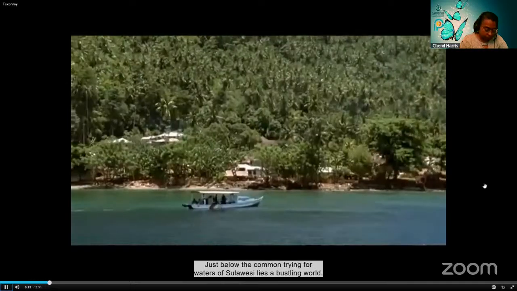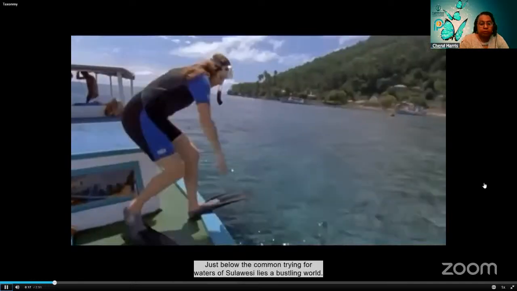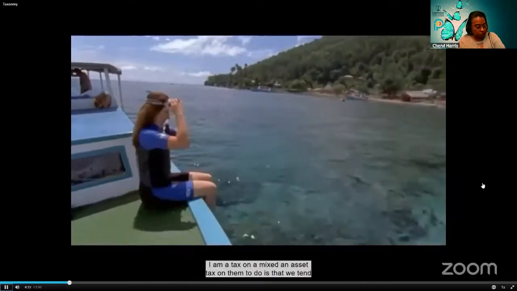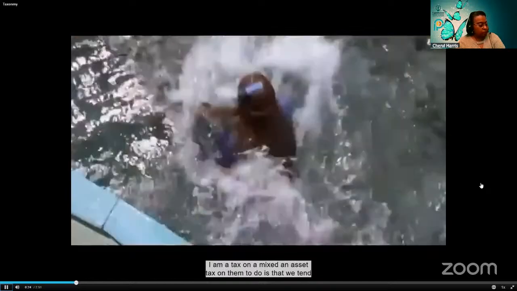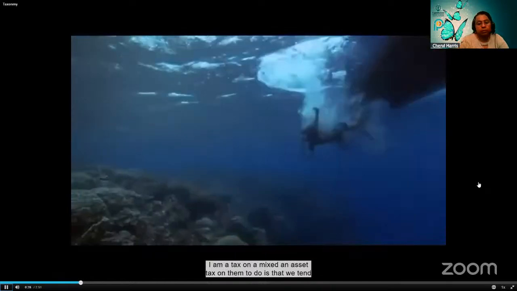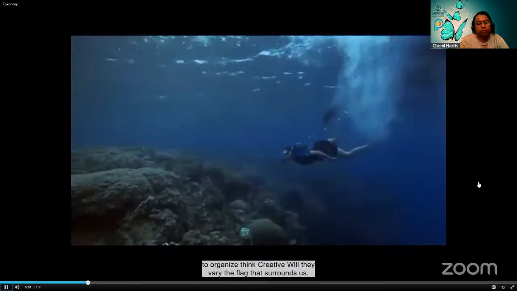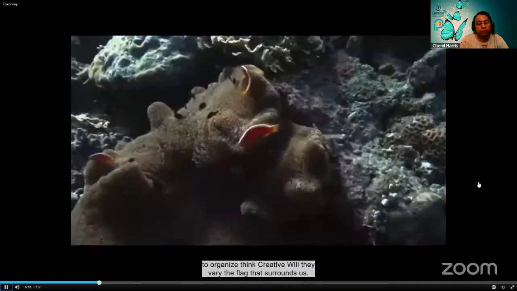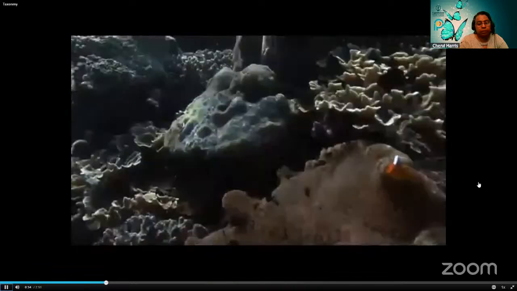Just below the calm and tranquil waters of Sulawesi lies a bustling world. I am a taxonomist, and as a taxonomist, what we do is attempt to organize the incredible diversity of life that surrounds us.